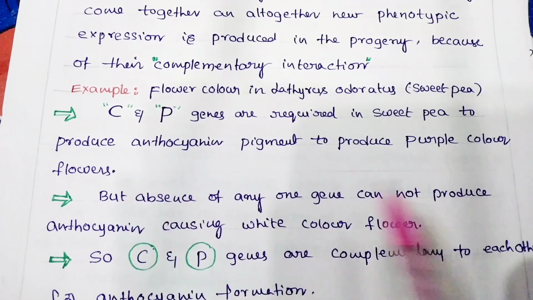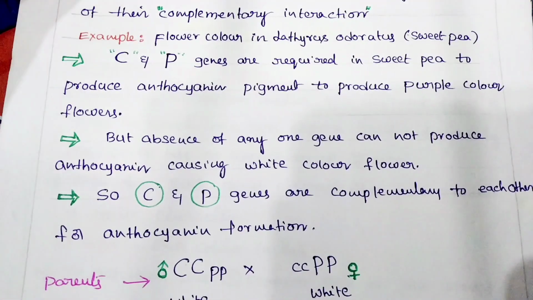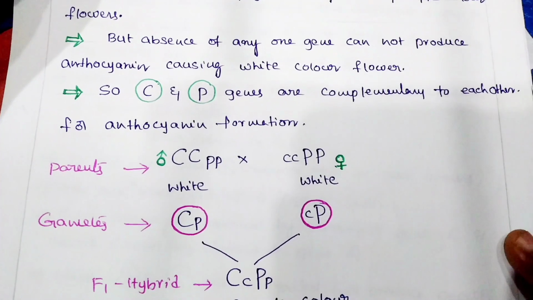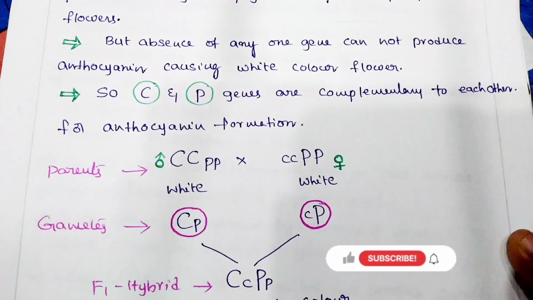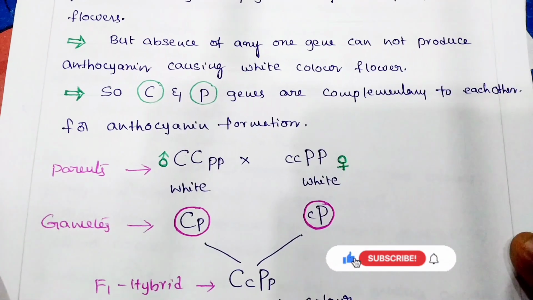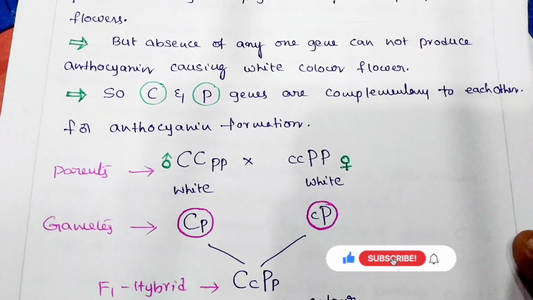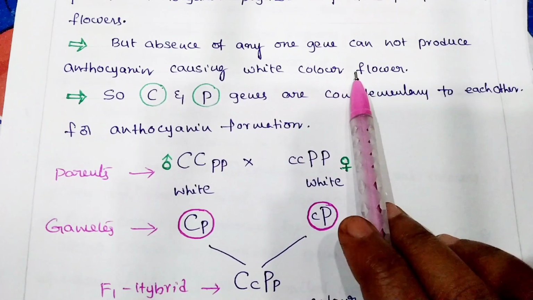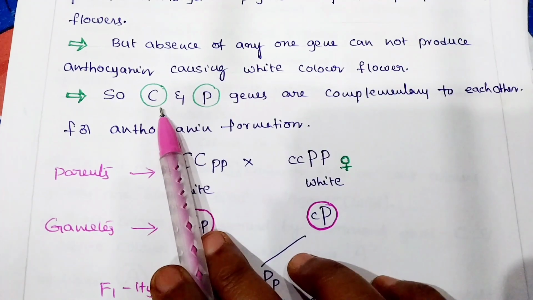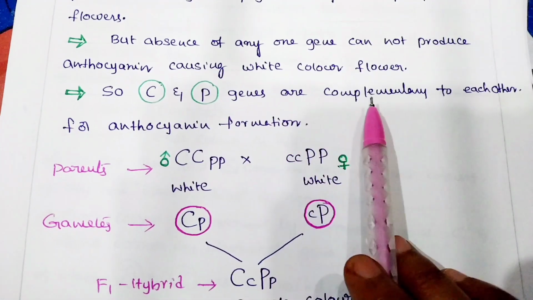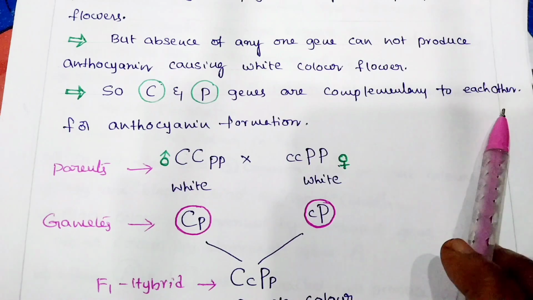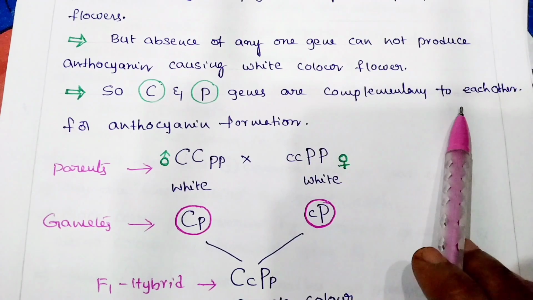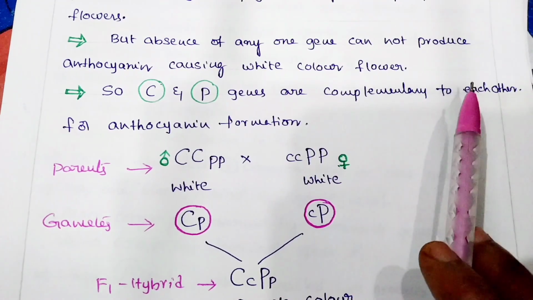But in absence of either C or P, they definitely do not produce purple color flowers. They will result in white color flowers. So capital C and capital P genes are complementary to each other for the production of anthocyanin pigment, resulting in purple color flowers.